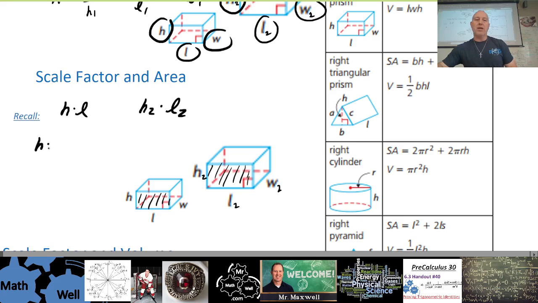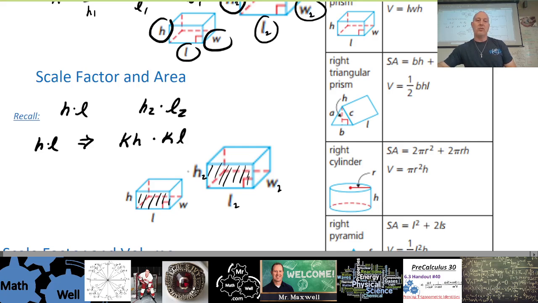So H times L is our area here, and the area of this similar object is K times H, since H2 is some scale factor times the original height, and L2 is K times the original length.